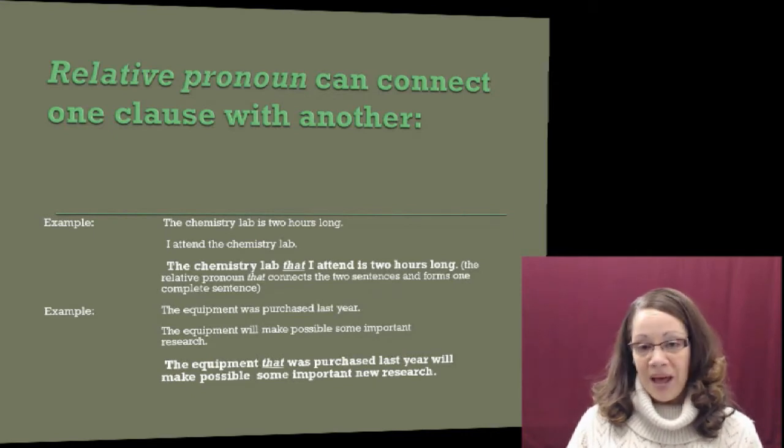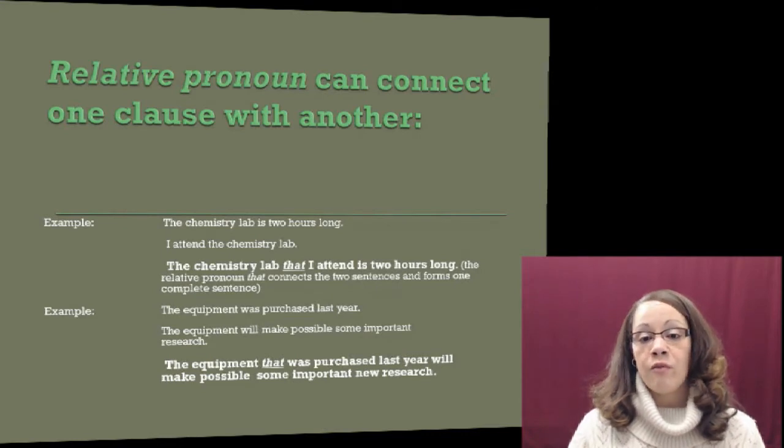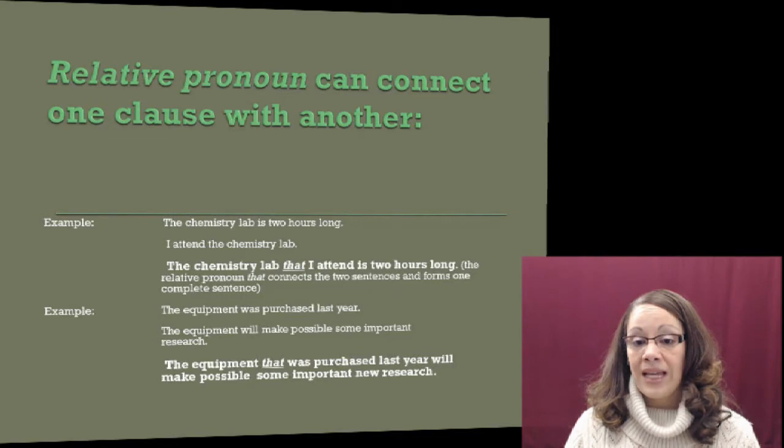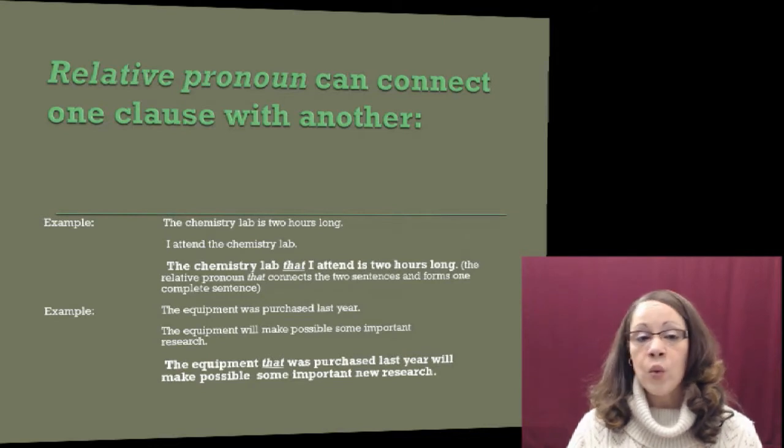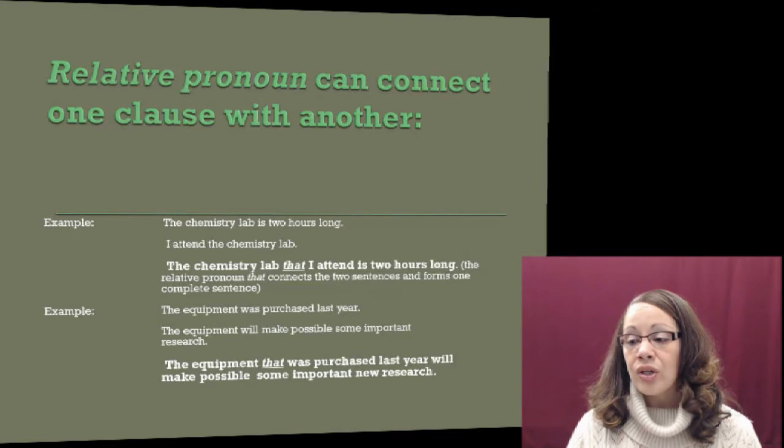So again, I want to combine these two simple sentences into one using one of our relative pronouns that I mentioned in an earlier slide in this part of our lesson. So let's look at our last sentence at the bottom of the screen that combines both of them. The equipment that was purchased last year will make possible some important new research.